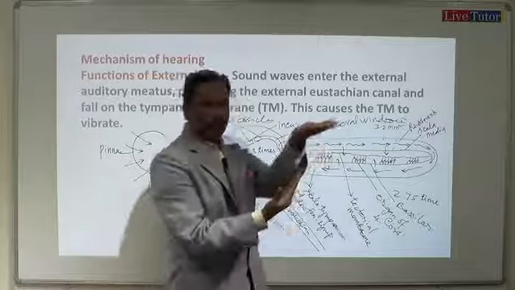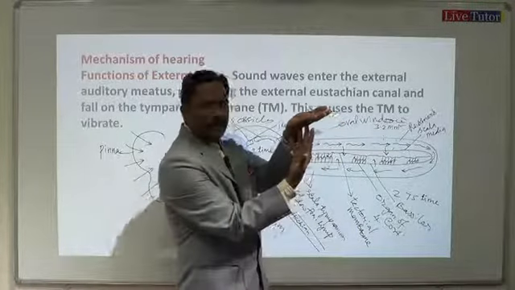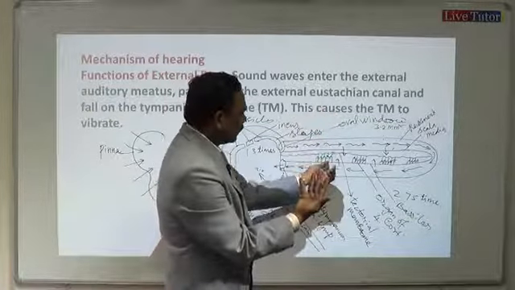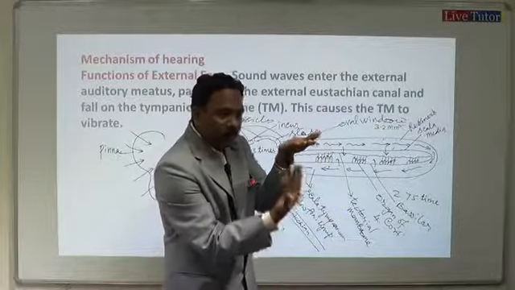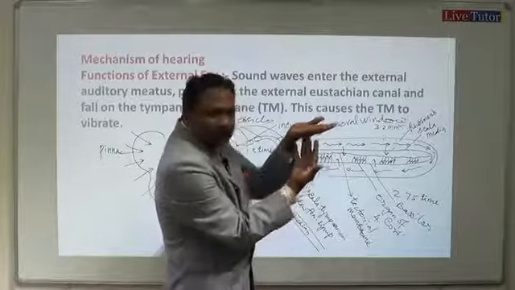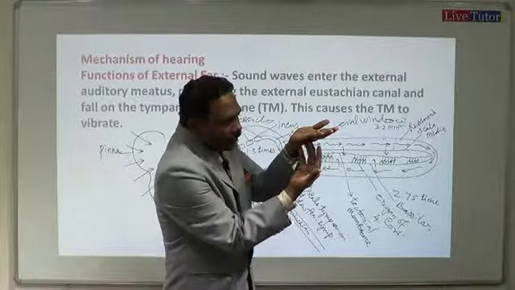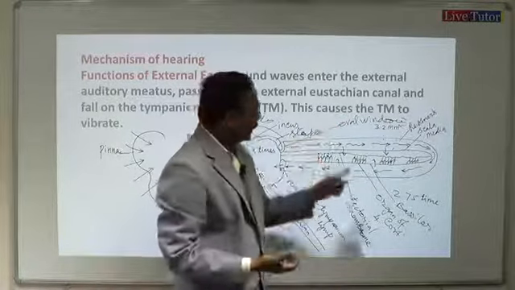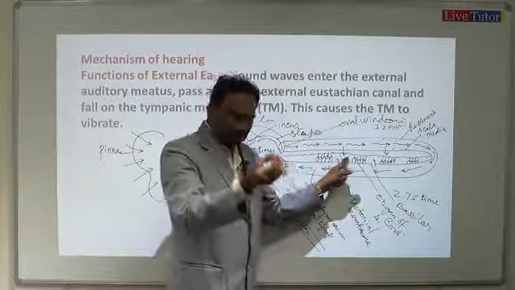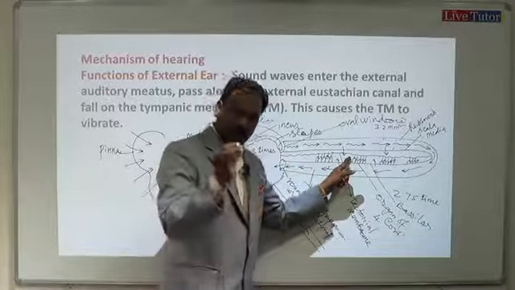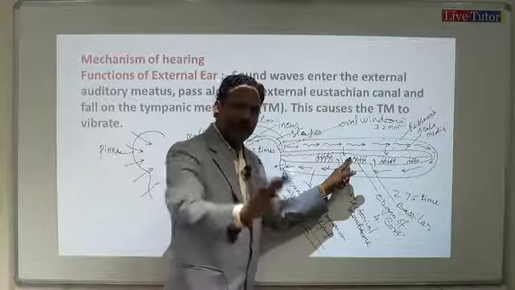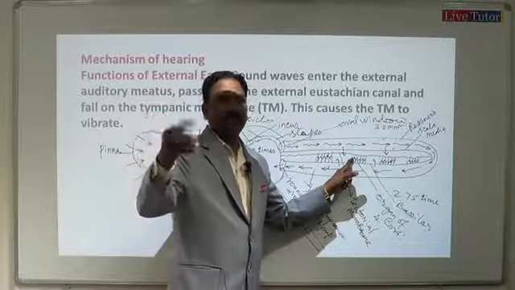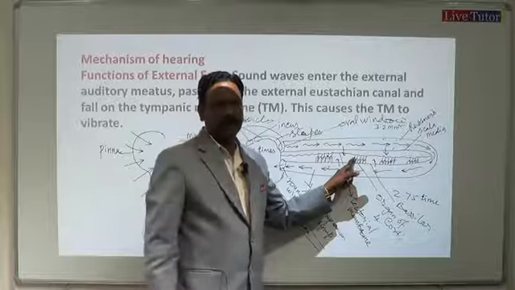This is the tectorial membrane, and these are the sensory hairs in contact with it. When the basilar membrane vibrates, the hairs contact the tectorial membrane and bend. The bending of the hair produces a stimulus, which is converted into an electrical impulse. The impulse is transmitted to the brain through the acoustic nerve, where it interprets and recognizes the specific sound.